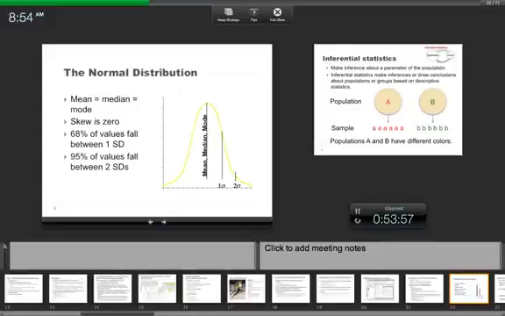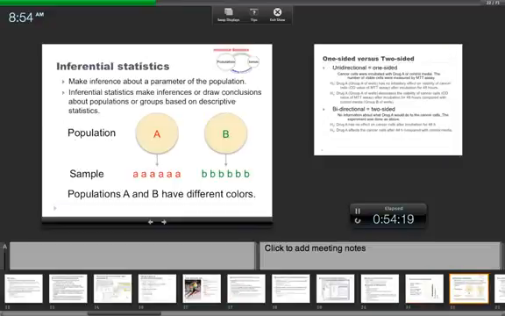And the standard deviation is based on the normal distribution. So one standard deviation on both sides would include 68% of the values, and two standard deviations from the mean on each side would encompass close to 95% of the population.